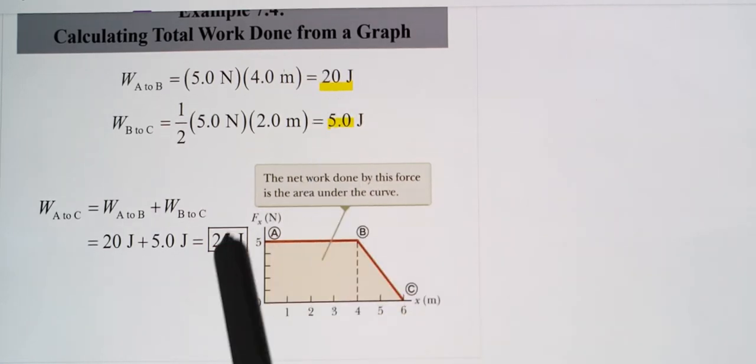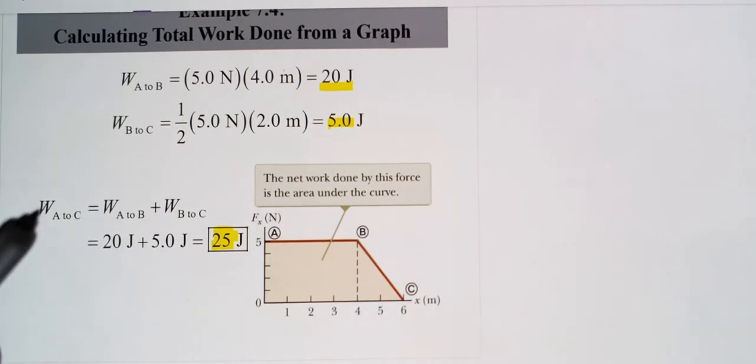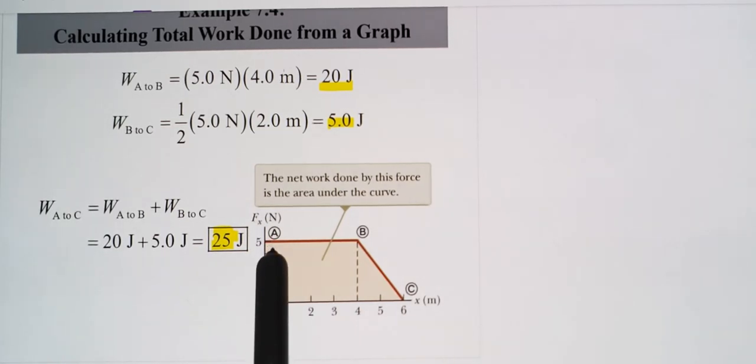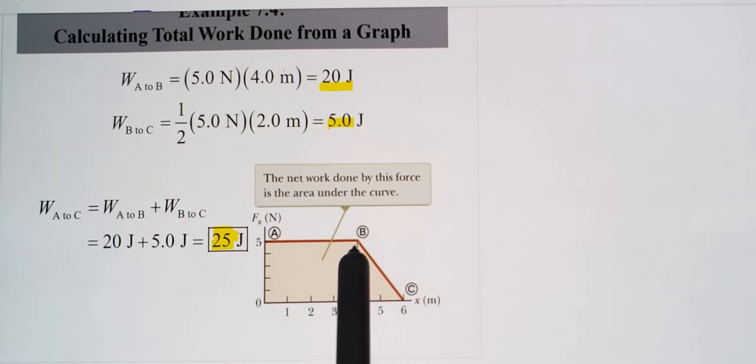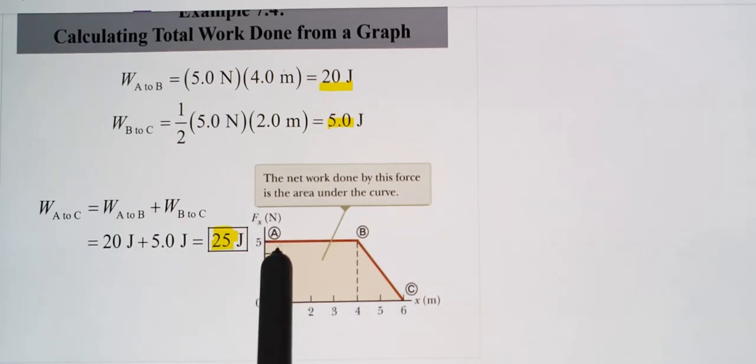And we add them, so it will give me 25 joules. So it is the area under the curve. And of course, if the force is varying more rapidly, we just take the integral, which is the area under the graph, the area under the function.